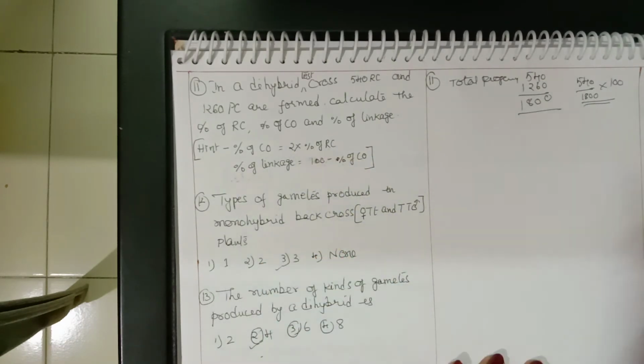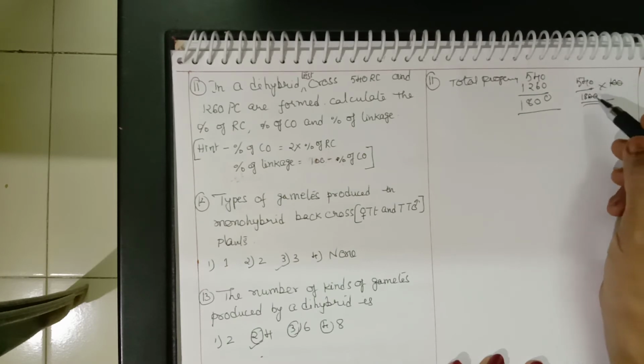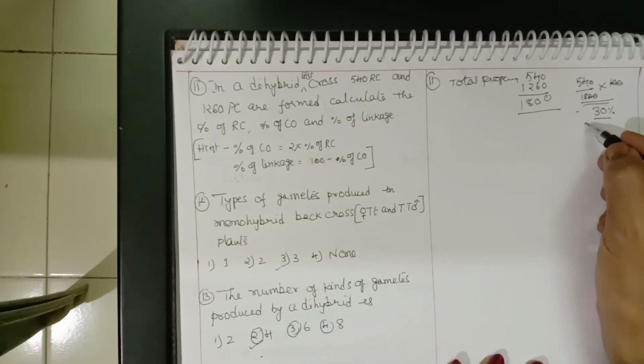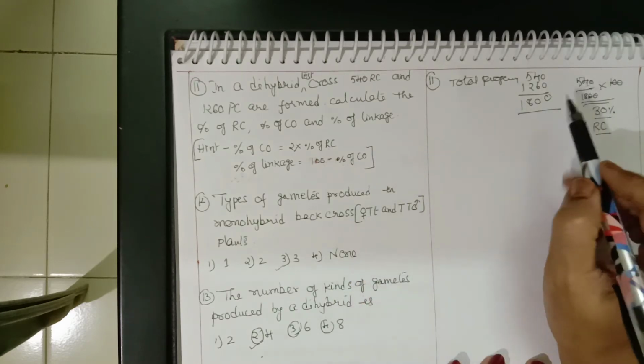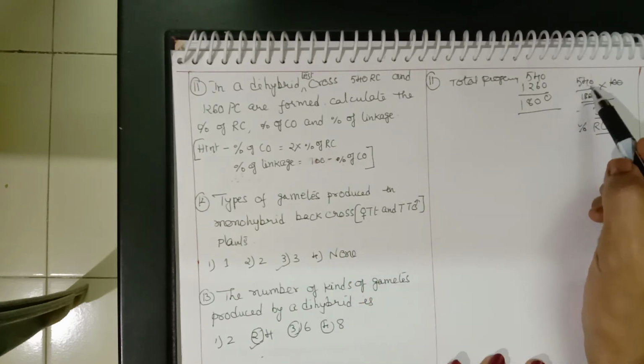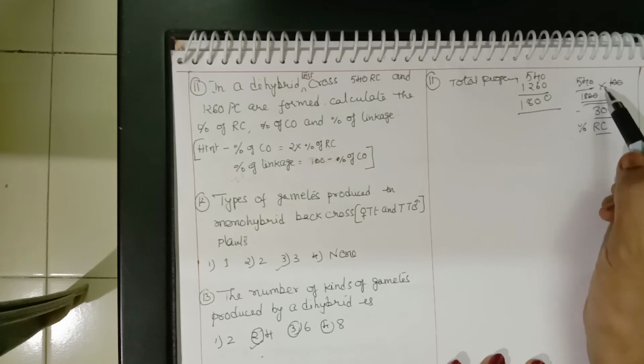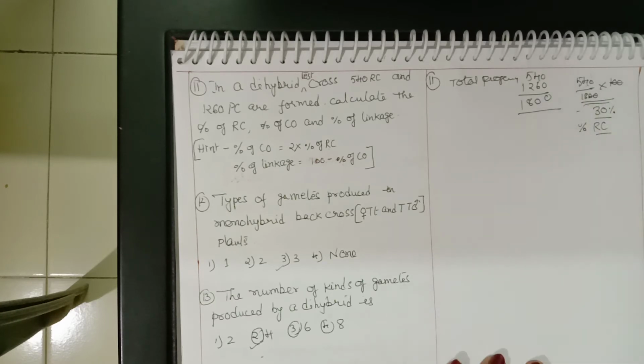So here we are getting percent of recombination about 30%. Percent of recombination is always the number of recombinants by total progeny into 100.